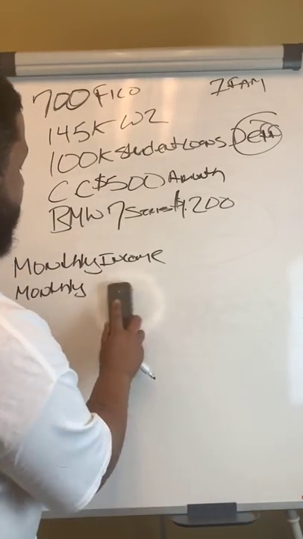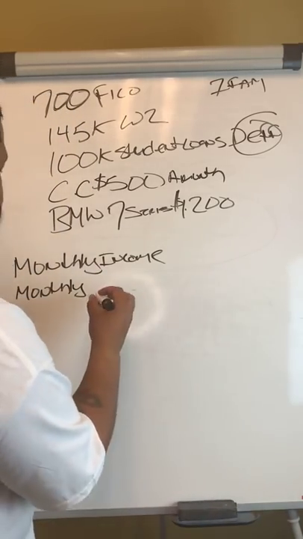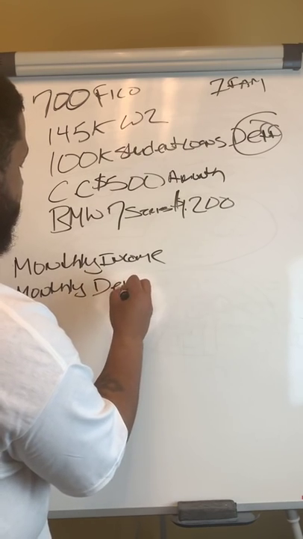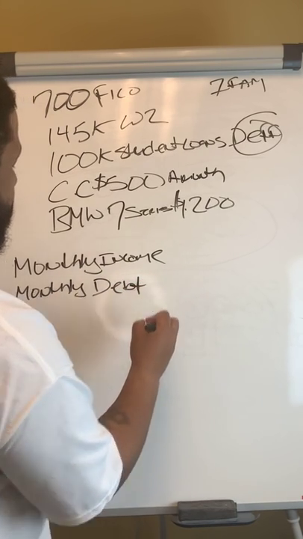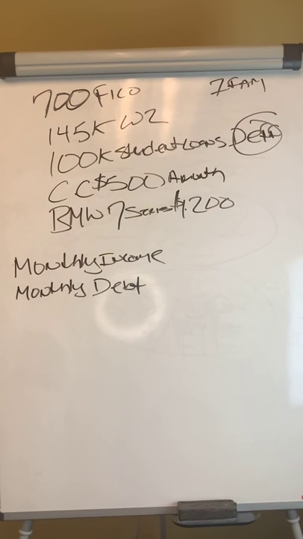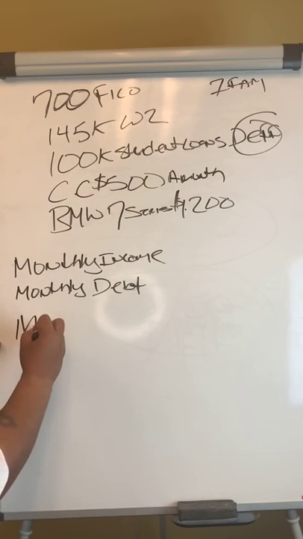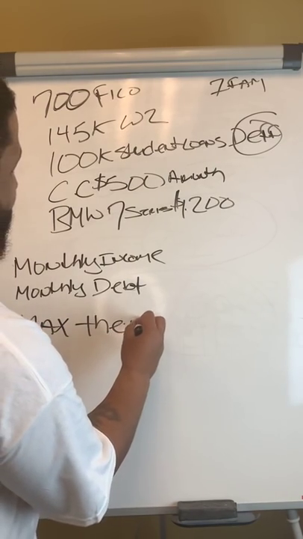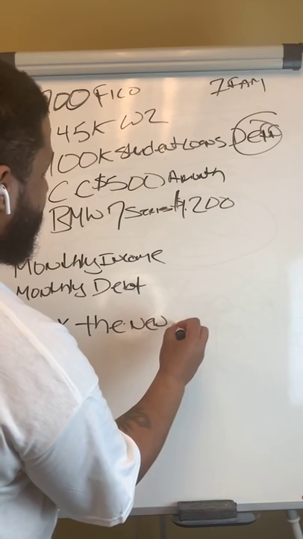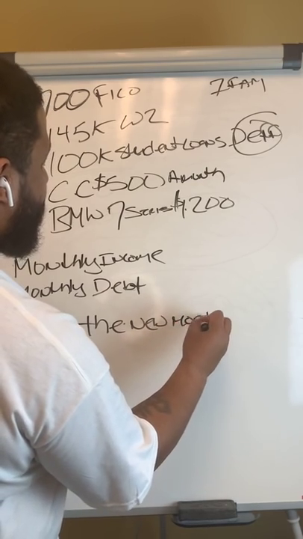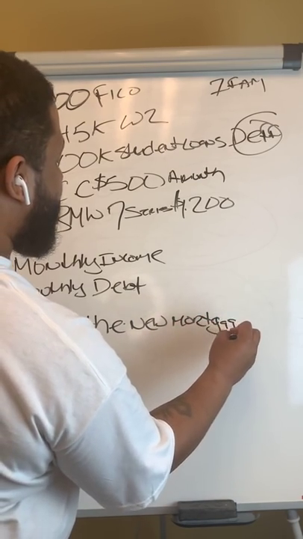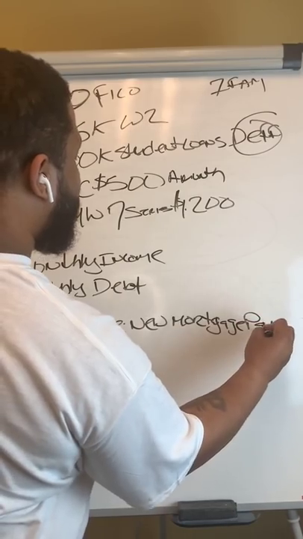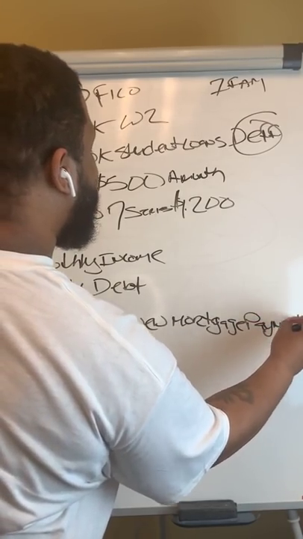What's the monthly debt with the Beamer, the credit cards, and the student loans? And what's the max the new mortgage payment could be? Let's do some homework. Figure that out.